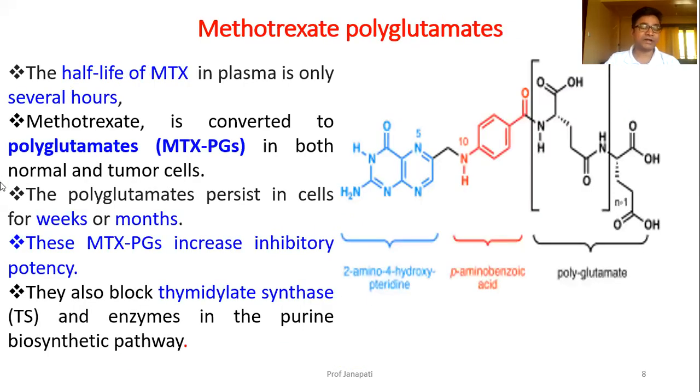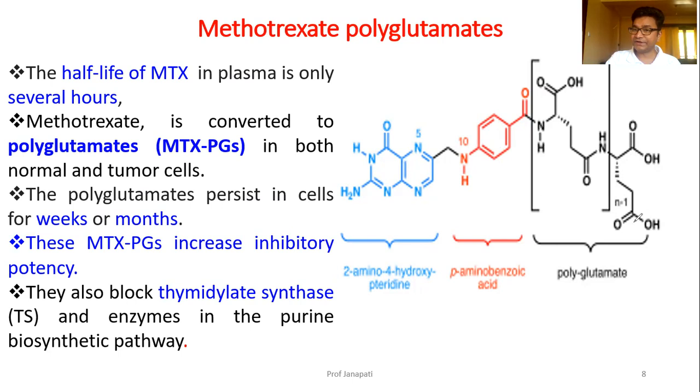In the body, methotrexate is a very short-acting drug. Though it's an excellent drug in the treatment of leukemias, solid tumors and lymphomas, what's the disadvantage? It is short-acting. In the body there is abundant glutamic acid, so glutamic acids are added to the methotrexate molecule.